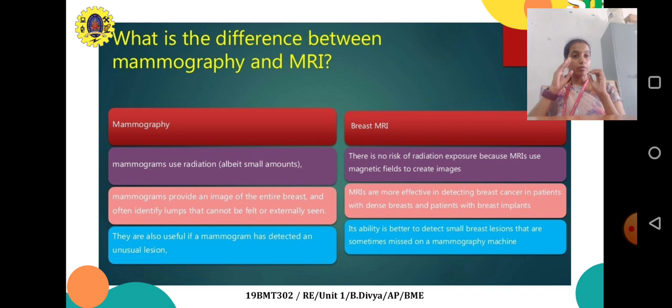While doing the mammographic procedure, the missed data can also be identified by the MRI, that is, the magnetic resonance imaging scan.